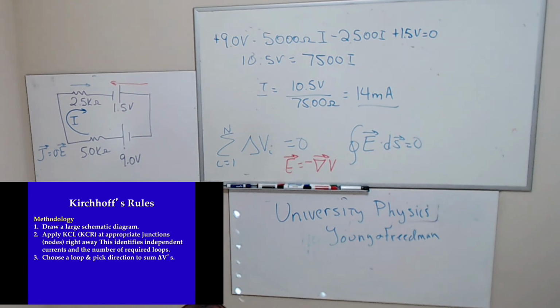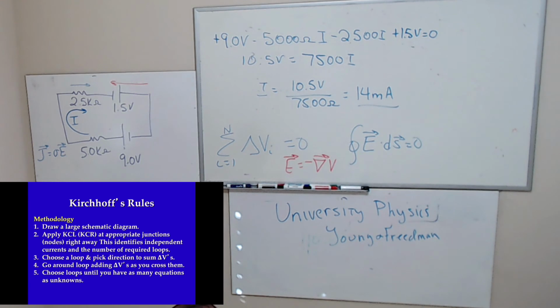Then choose a loop and pick a direction to sum the delta V's, just like I did in that one simple example. The number of independent currents tells you how many loops you're going to need to solve the problem. You go around the loop adding delta V's as you cross them. Choose loops until you have as many equations as unknowns.